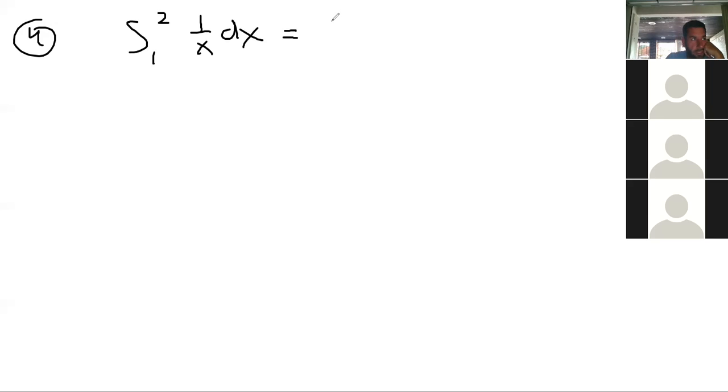Okay, so number 4 is another interesting problem. So we're going to study this integral. And why is it equal to the log of 2? It's equal to the log of 2 because by definition, the antiderivative of 1 over x is natural log of x from 1 to 2, and that equals log 2 minus log 1.